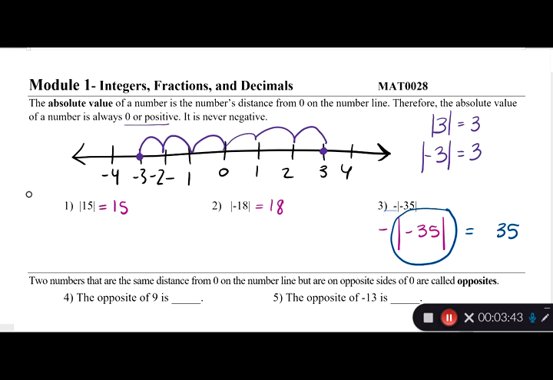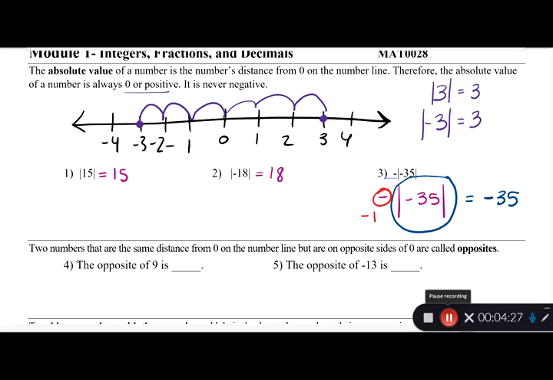This negative out front is kind of like a -1 times the absolute value. So if we did -1 times 35, it would give us a negative in our answer. So even though the absolute value itself, the part in the blue circle, cannot equal a negative number, this negative out front makes it a negative answer.